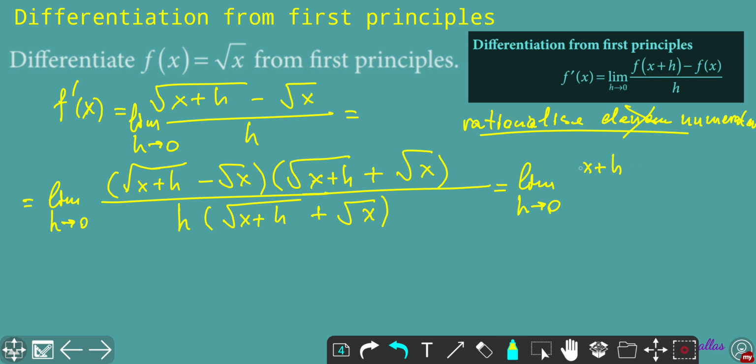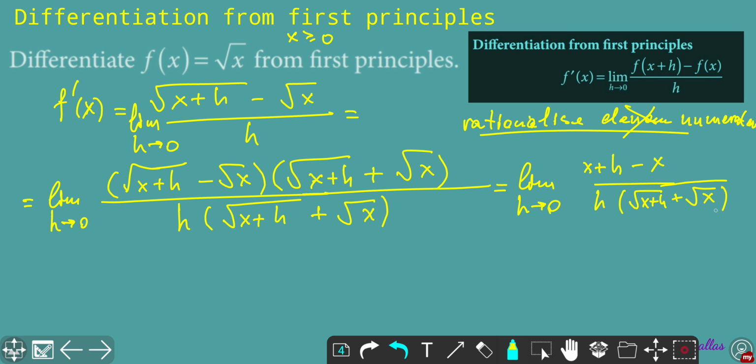Normally you need to use modulus, but initially x plus h is positive but very close to 0, and by definition the domain for this function is x more or equal than 0, so you can get rid of those modulus or absolute values, and you take away x. You still divide by h times square root of x plus h plus square root of x.